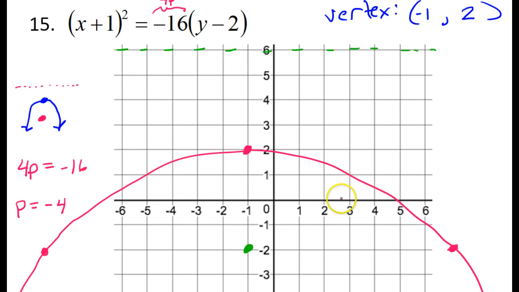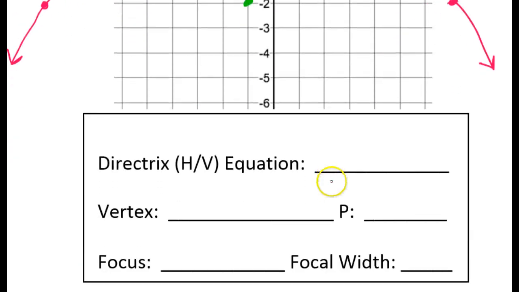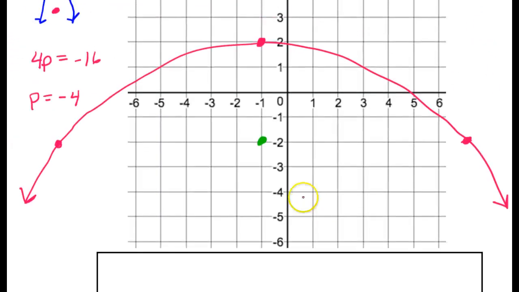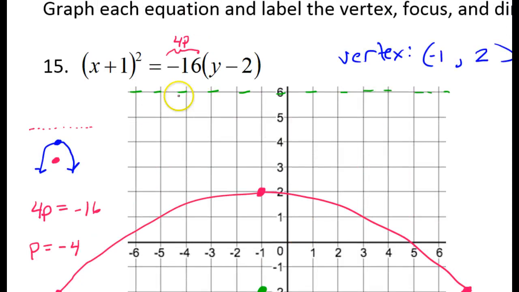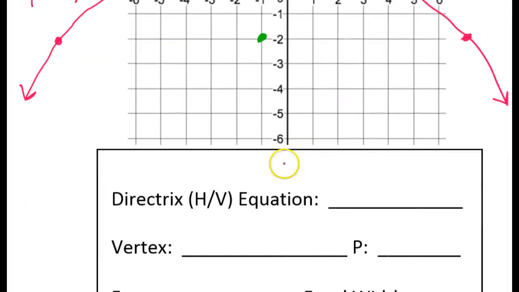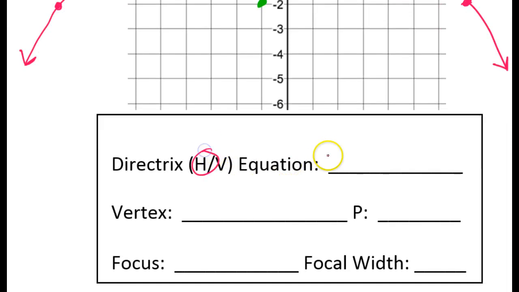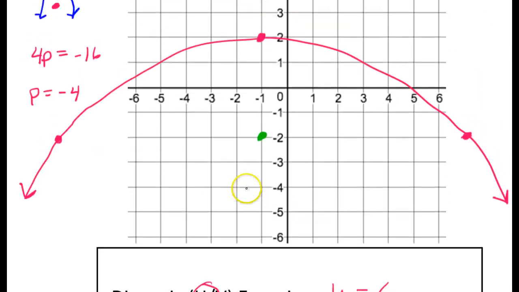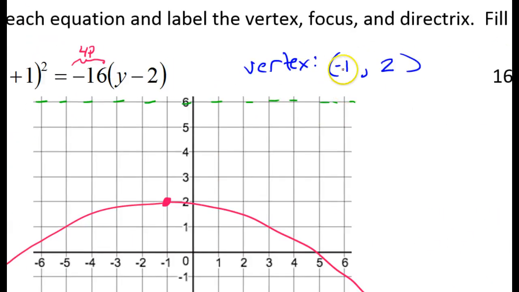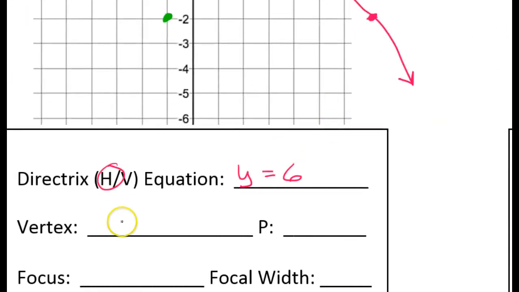Now, they want us to record all of the key information. Our directrix is a horizontal line, and we will call it y equals 6. All right, it's a horizontal line at 6. Horizontal lines always have the equation y equals something. The vertex we found was -1, 2.